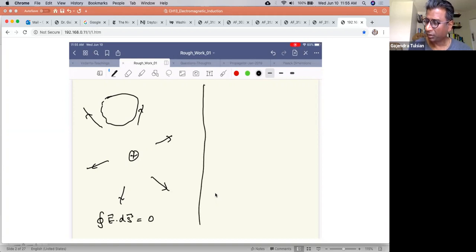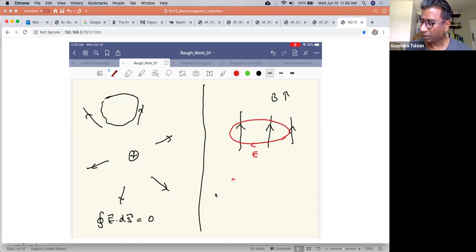Now, the type of field that we are producing, with the magnetic field increasing, you saw that the electric field is in this direction. And in this case, if you take the line integral, it's not 0.